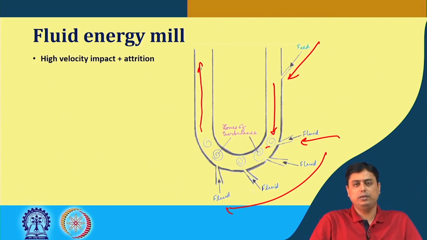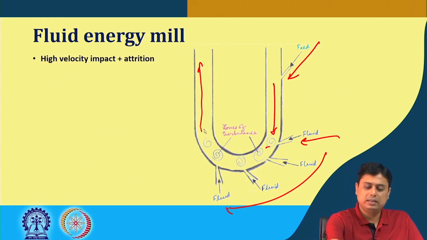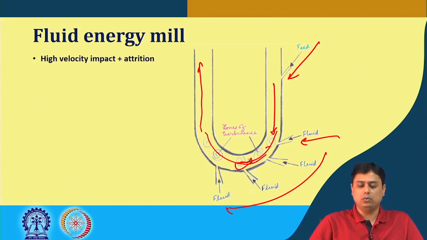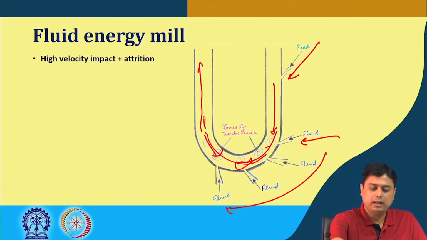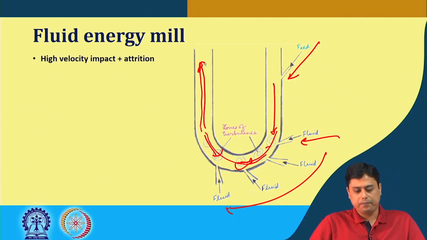It is carried with the fluid, and the heavier ones or the bigger ones still remain in this section until it reaches a certain value, the force balance we have seen due to the falling velocity, buoyancy and the gravitational force, until such a critical condition is achieved that it is not elutriating with the fluid, it remains in the zone of turbulence and the size is reduced further and further. So, this is how the fluid energy mill works.